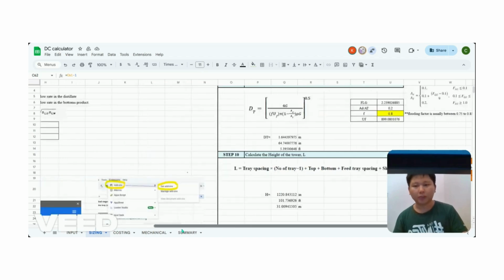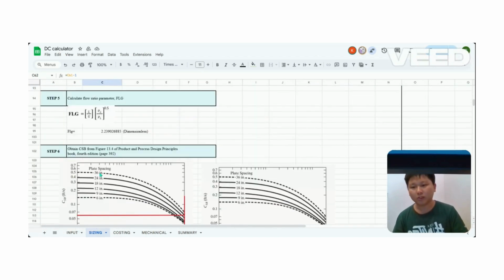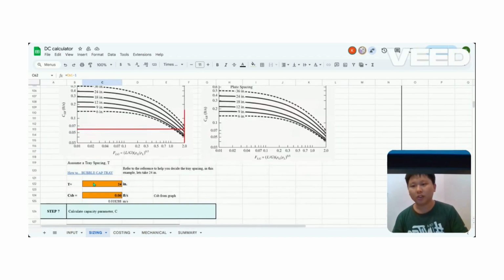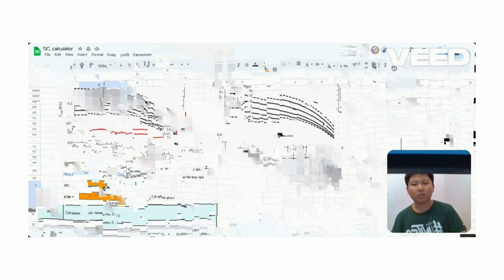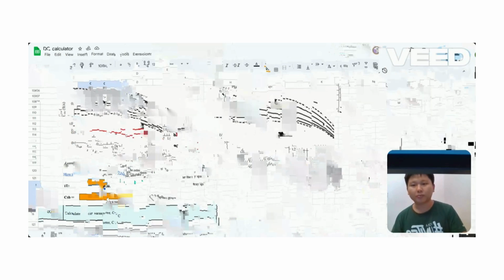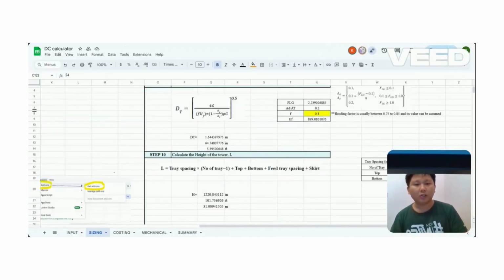We also already assumed in step 6 that the tray spacing is 24 inch, for example, just now. Then for the top and bottom, usually we have a fixed value, which is 4 feet for top height and 10 feet for bottom height. So these two values are usually fixed.